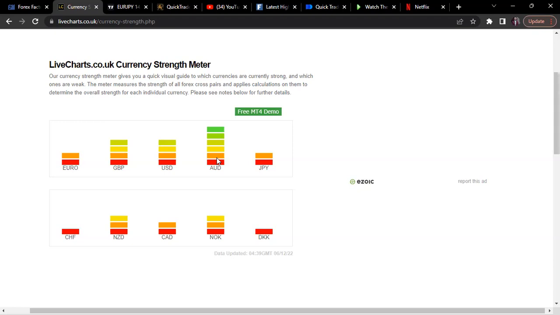AUD is the base. JPY is the quote. Look at the strength between AUD and JPY. Can we all agree that the first currency, which is the base currency, which is AUD in this instance, is way stronger than the second currency, which is the quote currency, which is JPY in this instance, right?